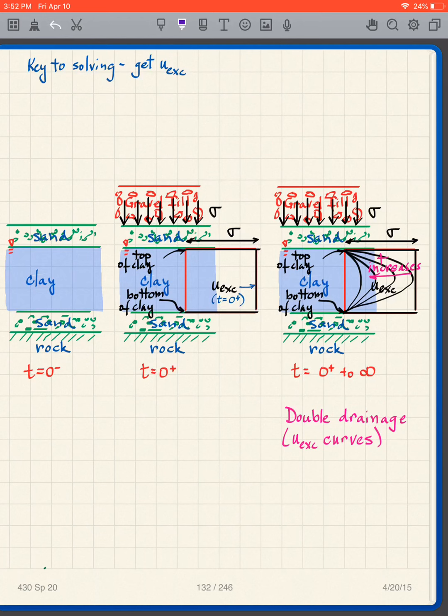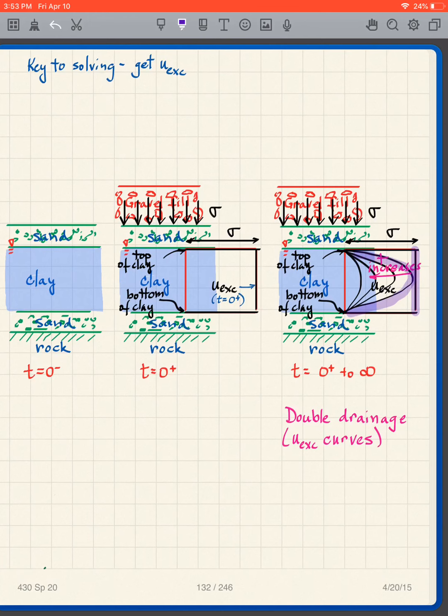Now, what happens as time goes by? Well, at t equals 0 plus, this is the same plot, I get the sigma, but then what happens? The pore pressure dissipates. And it dissipates in this shape. As time goes by, it dissipates. So as a little bit of time goes by, I get a shape of dissipation like that.